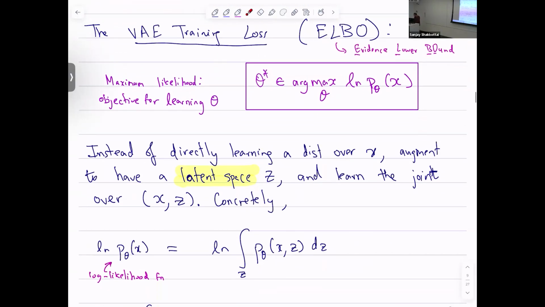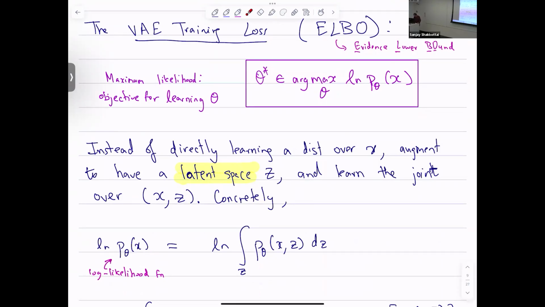Instead of directly learning this, let's expand this problem. Let's consider that now I've agreed that the z I want is R. That's the distribution I want for z.